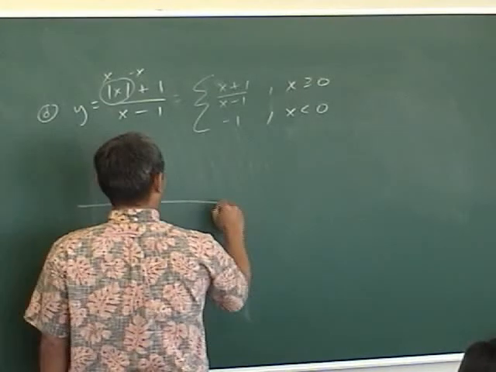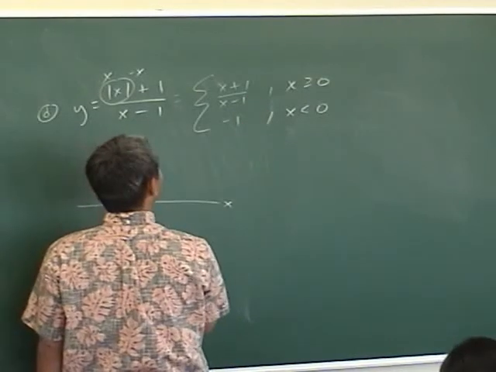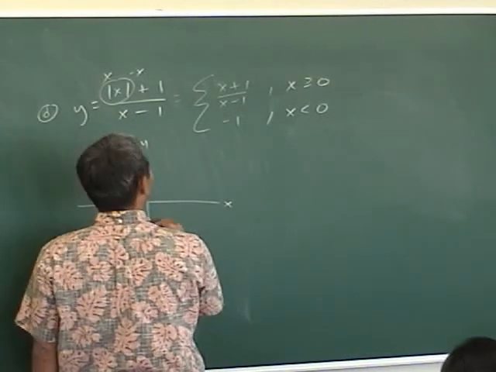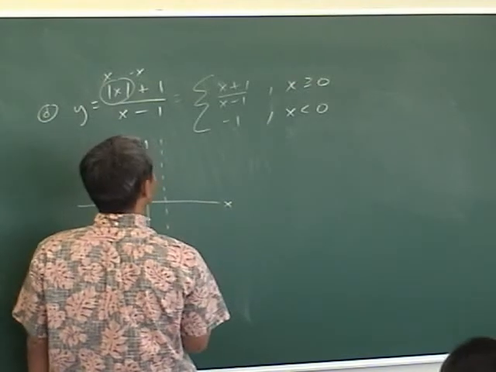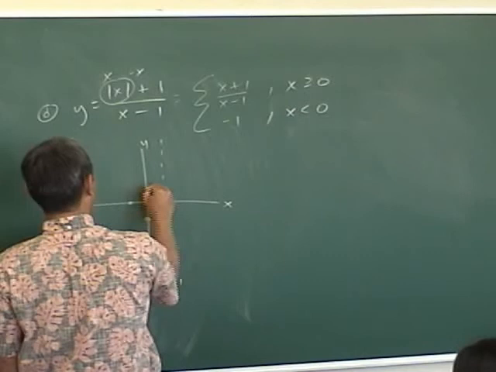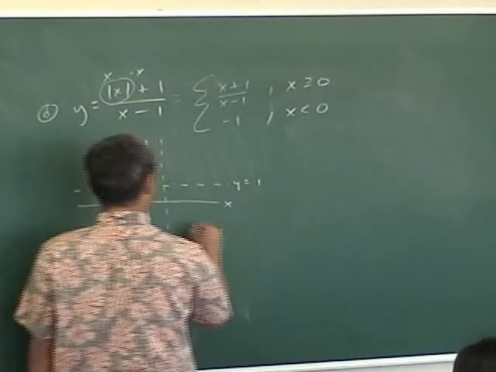Okay, so graph this one. X-intercept is negative 1. Y-intercept is negative 1. Vertical asymptote is x equal 1. Horizontal asymptote is y equal 1. So the graph looks like this.